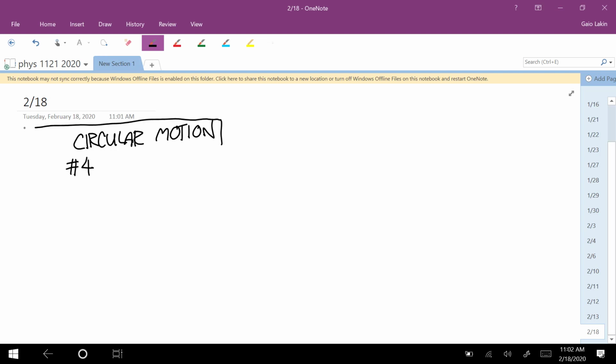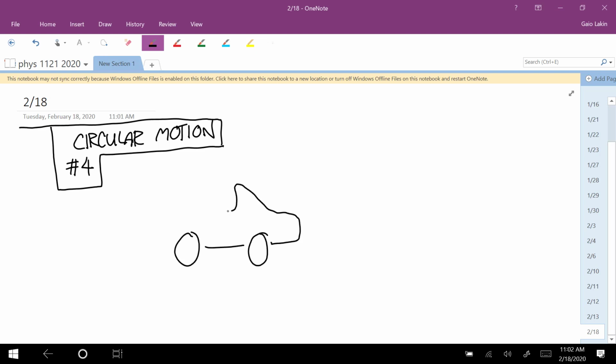Number 4. So it's a golf cart. That's how you know it's a golf cart. It has wheels with a radius of 0.15. Well, let me draw a little better circle for the wheel we're going to use.